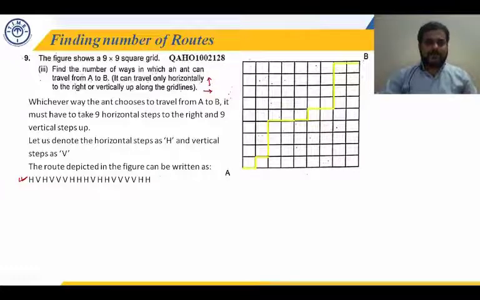Fine. So what are we basically doing? This is one particular arrangement of 9H and 9V in a row. So one arrangement will give you one way of reaching from A to B.